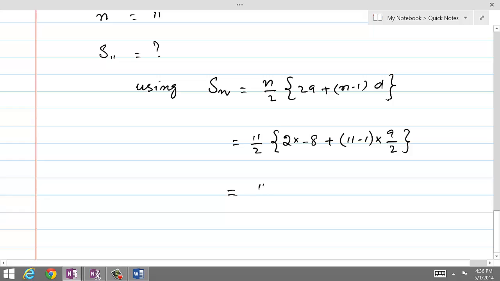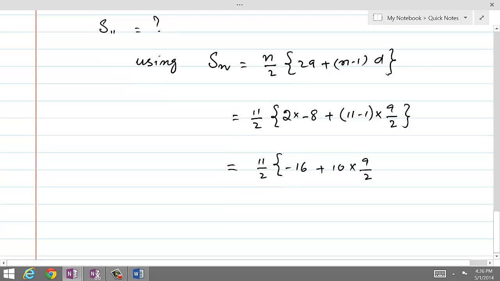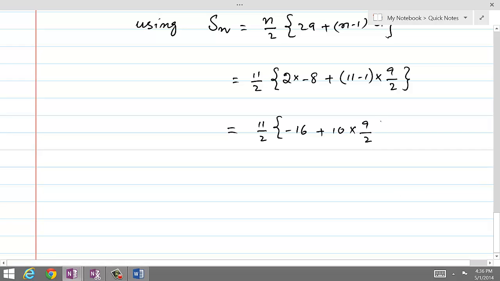This will be equal to 11/2 times -16 plus 10 times 9/2. So this will be equal to, if you close the bracket, 11/2 times -16, and you can cancel 2 five times, and 9 times 5 is 45.